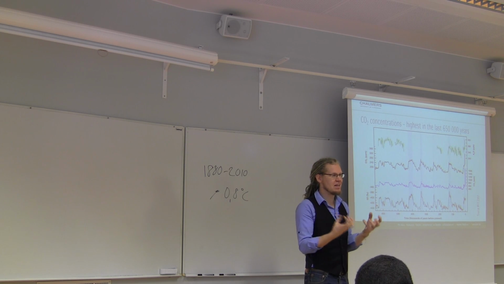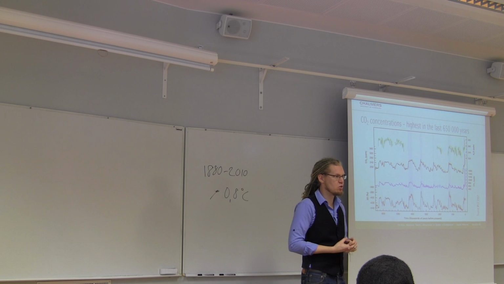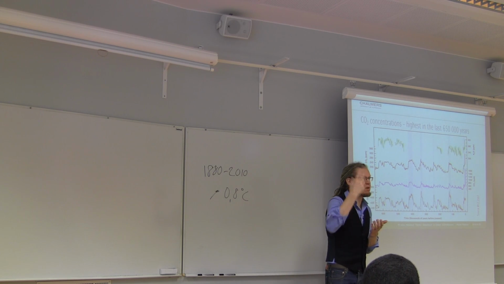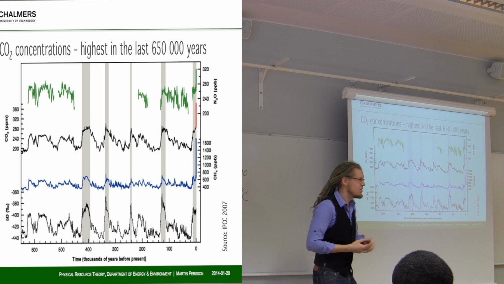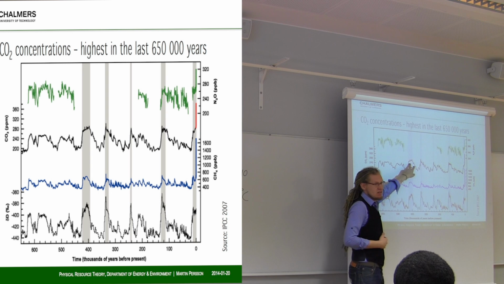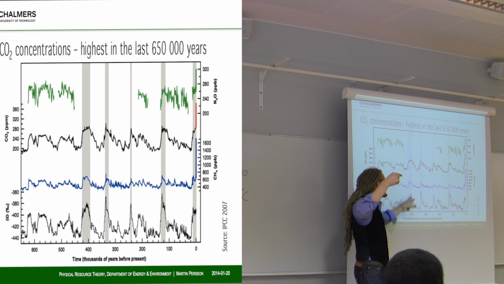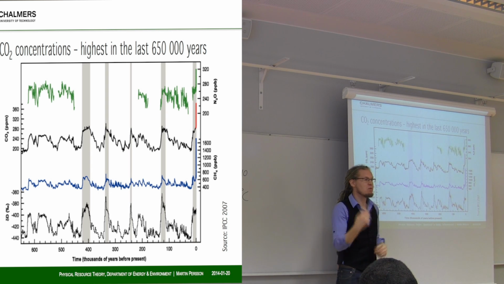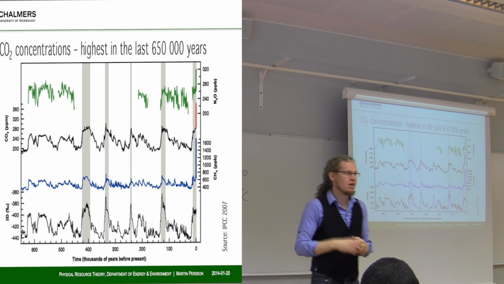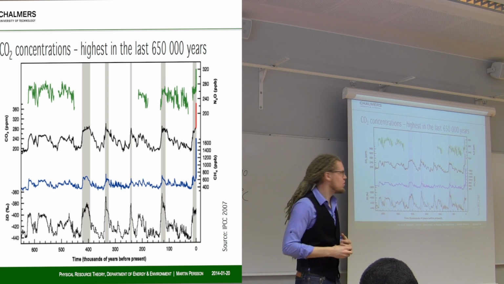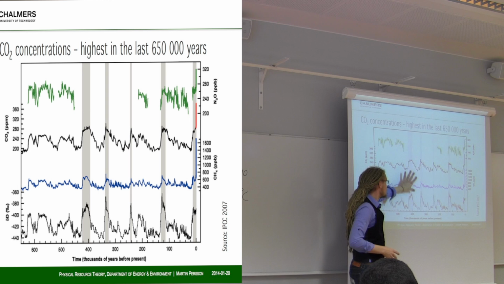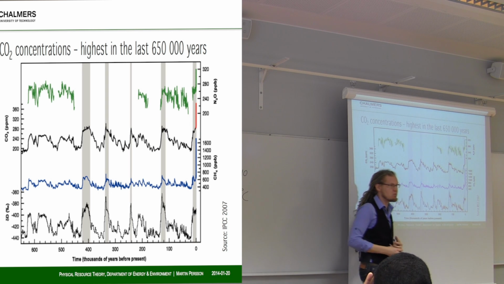So carbon dioxide is less soluble in the oceans, and the oceans will start to emit some carbon dioxide. Carbon dioxide is a greenhouse gas, so that will increase the temperature even a bit more, which means even more carbon dioxide will be released into the atmosphere and so on. This is one example of these important feedback loops that affect climate to a large extent. We'll talk a lot about those because they are important.